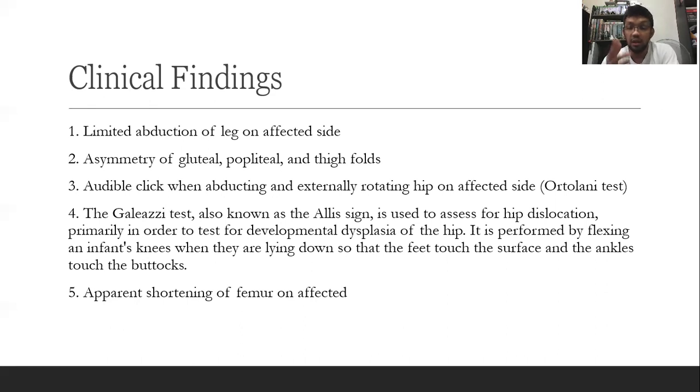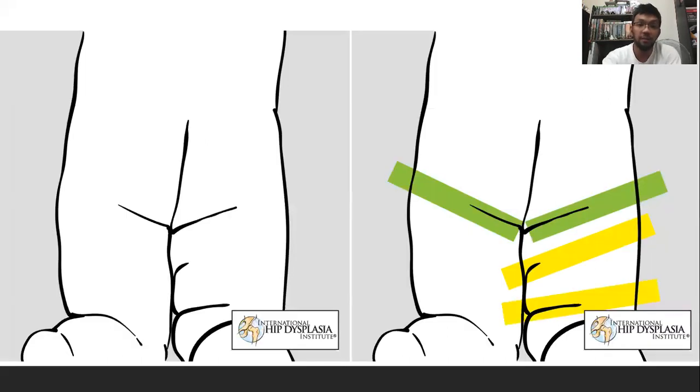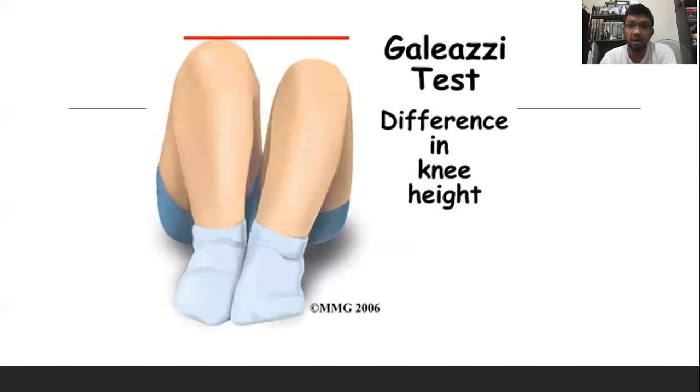And for the fifth one, of course, you can see there's shortening of the femur of the affected side based on this test that we are going to do on the infant. So this one, you can see here, one knee is higher than the other. One femur is higher or is longer than the other. So there's a difference in the knee height.